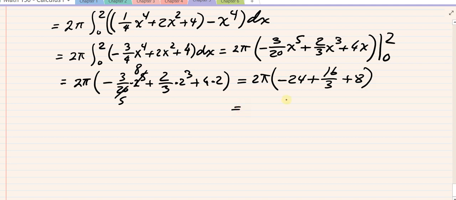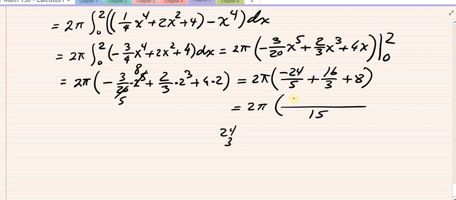The LCD is, let's see, sorry, I dropped the 5 here. That's -24/5. Yeah. The LCD is 15. So that's going to be 24 times 3, -72, plus the second fraction, multiply top and bottom by 5, that's 80.